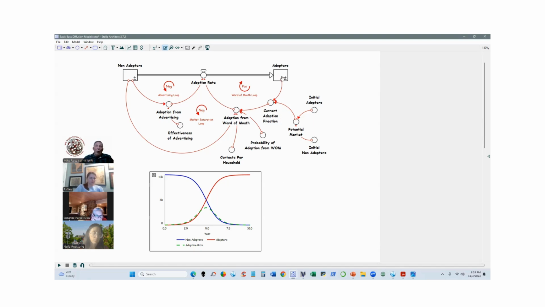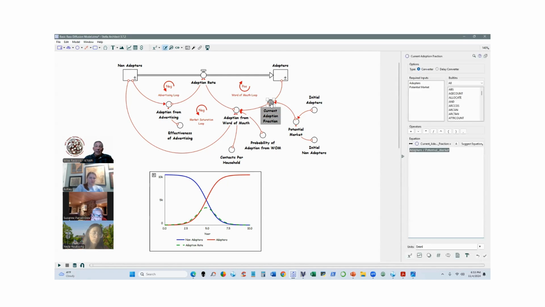So the bigger the adoption fraction is, the number of adopters relative to the potential market, everybody, which is adopters plus non-adopters, the more likely it is that you're going to run into them.